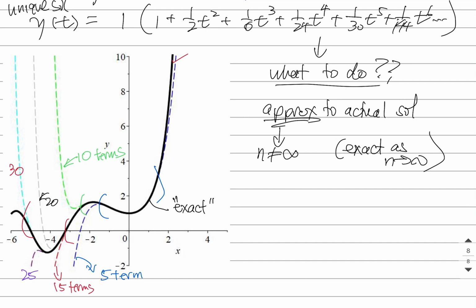So what you'll see is that, remember that our center was at 0, and as we increase the number of terms past 0, the overlap with this black curve gets better and better. So it isn't perfect, it isn't nice to look at, but these series methods actually give us a function to work with.